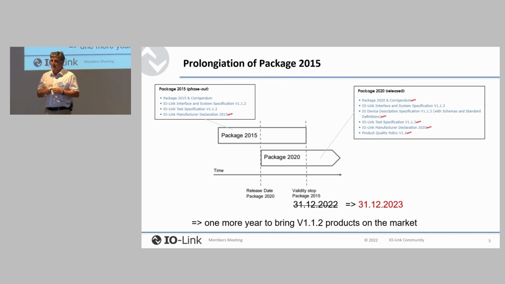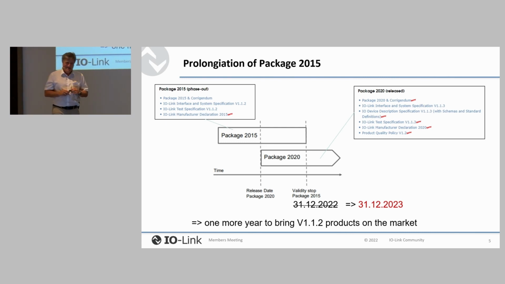Therefore, the transition period ends at the end of this year. And now we have the decision that there is a prolongation of this time frame by 1 more year. So it ends not at the end of this year, and every developer is happy about that, I know, but at the end of next year.